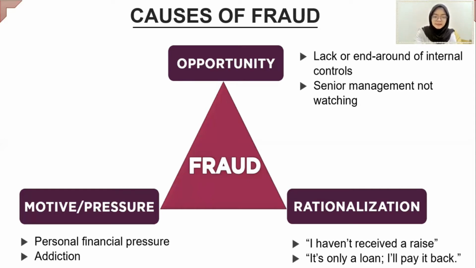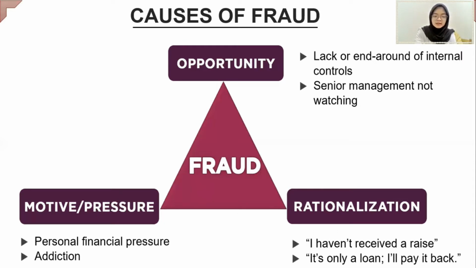Work systems, loose work mechanisms, even intimate family relationships within one company can encourage employees to think that there is an opportunity to commit fraud. Often those who are suspected of committing fraud are employees who have been in a certain work unit for too long. This is understandable because the employee may already know the gaps in the work system.